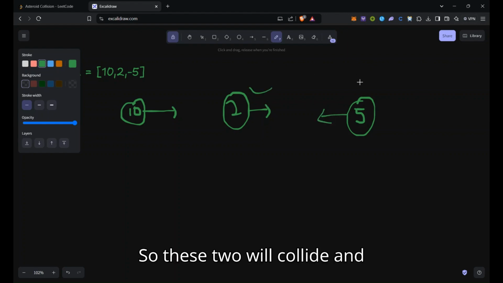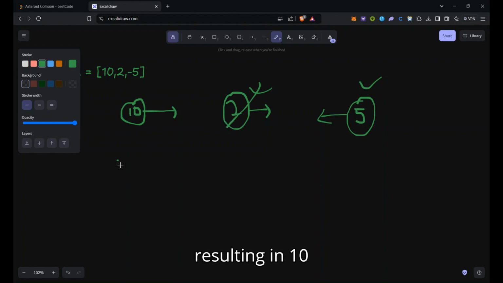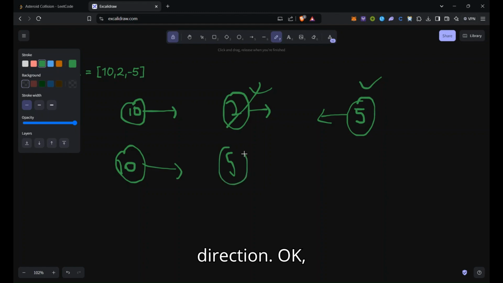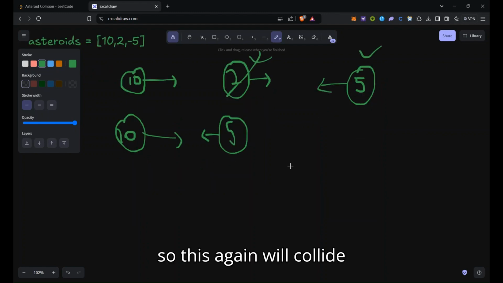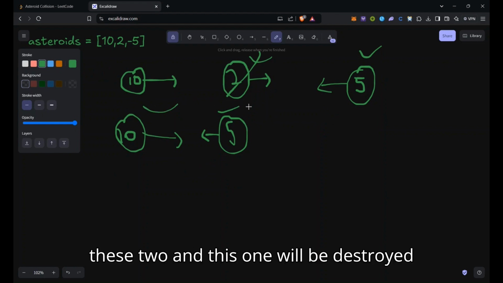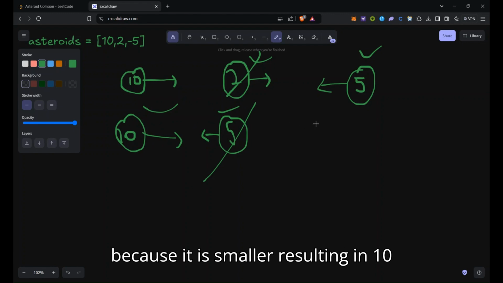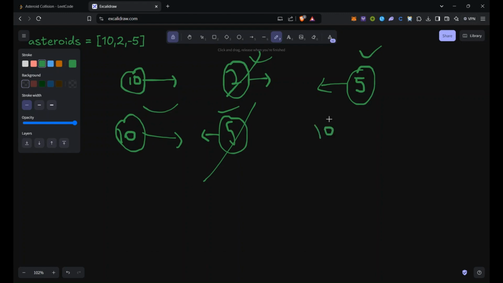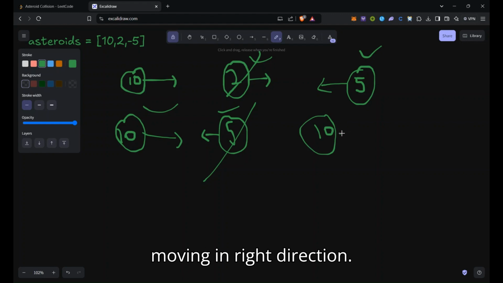So these two will collide and the 2 will be destroyed, resulting in 10 and 5 in the left direction. Then these two will collide, and the 5 will be destroyed because it is smaller, resulting in 10 moving in the right direction.